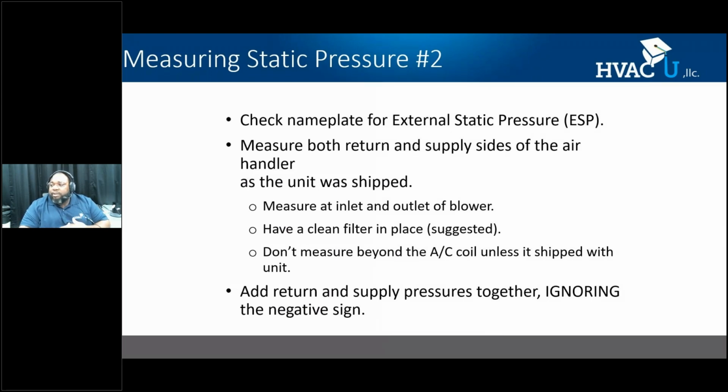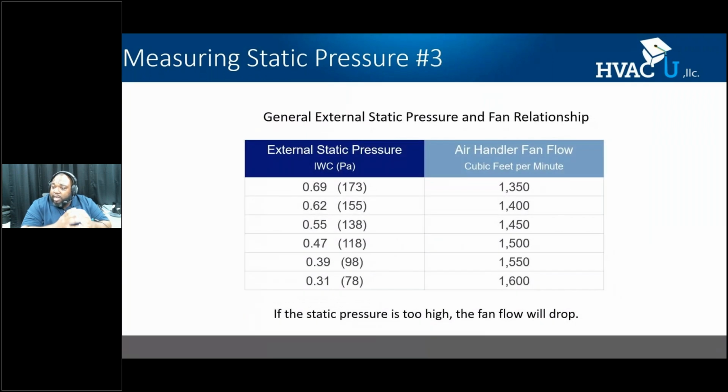The reason that's important is because, as I mentioned, the higher the pressure, the lower the airflow. If I look here at an external static pressure of about 0.31 inches of water column, I have my full 1600 CFM rated airflow.